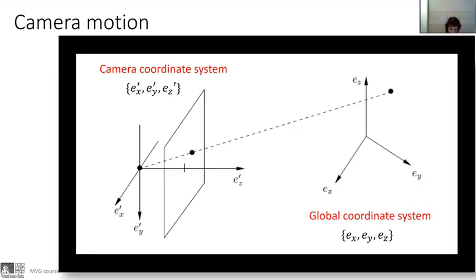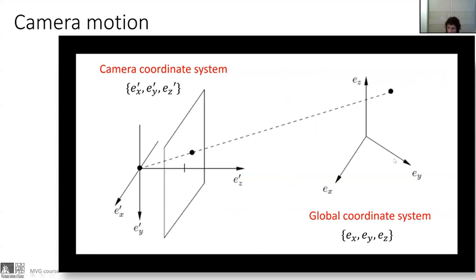Let's move on. In general, we have a static scene, but as you understand, the images are captured from different views, and we have to take some reference coordinate system in order to refer to some global coordinate system, which means that in order to characterize each camera, this is one camera and this is the world, we need to characterize the camera with respect to some global coordinate system.